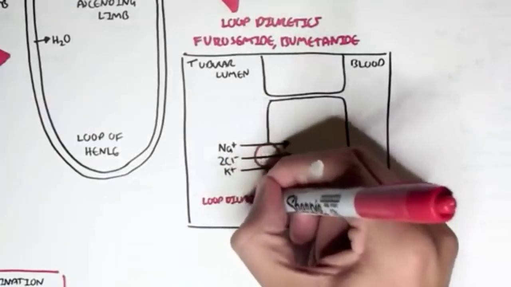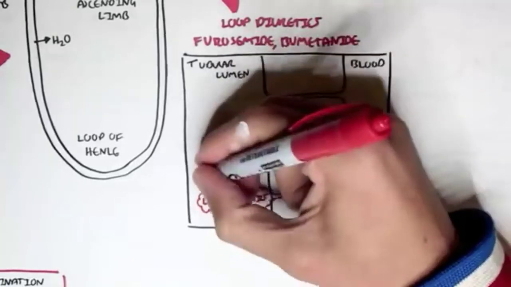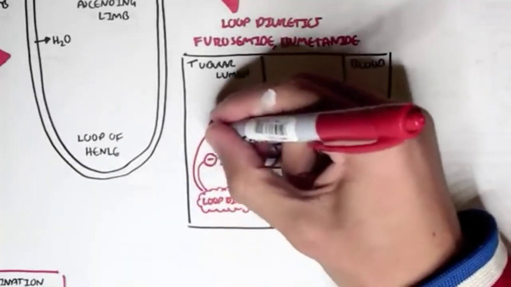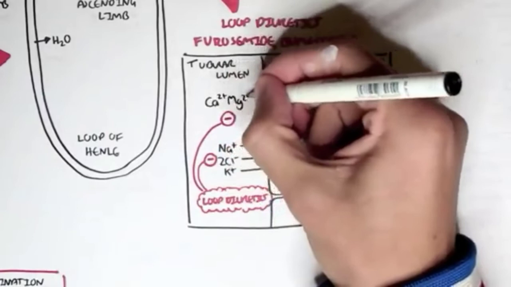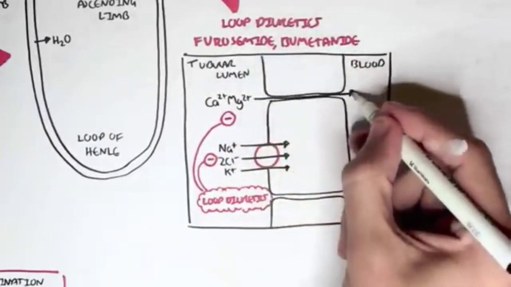Loop diuretics inhibit the chloride from being reabsorbed and thus disrupt the transporter, so the other ions are not reabsorbed. In the long term, loop diuretics will also prevent the reabsorption of calcium and magnesium ions.